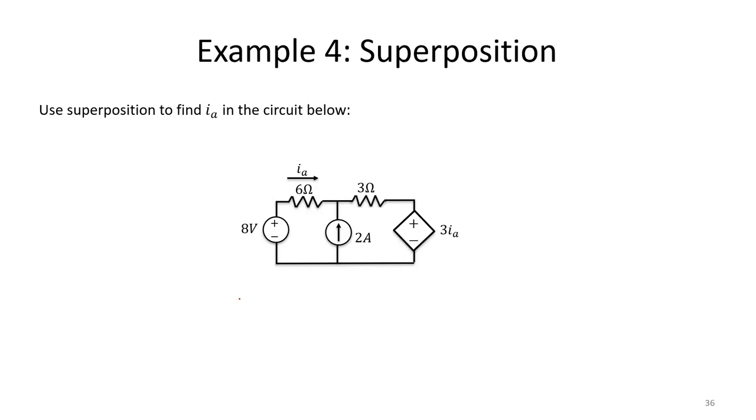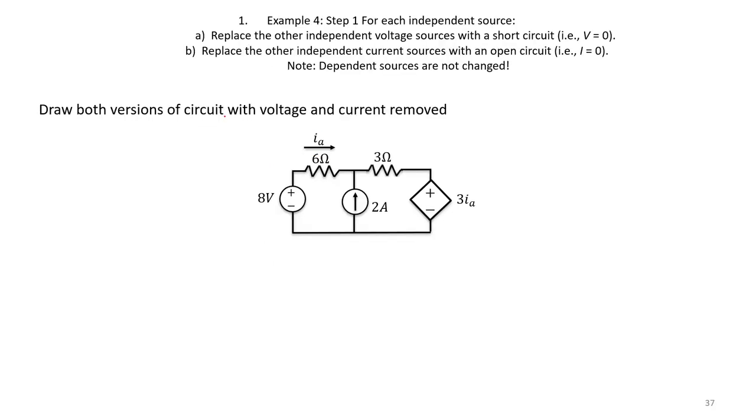So let's consider superposition for the circuit shown below. Our goal is to find the current IA. So let's start with our first step. In our first step, we want to draw both versions of the circuit with the voltage and current sources removed. So we need to draw two circuits.